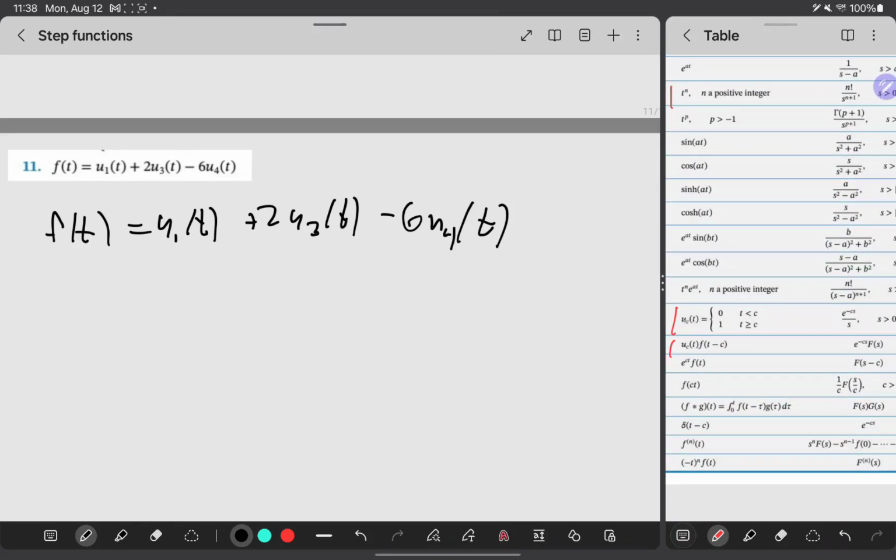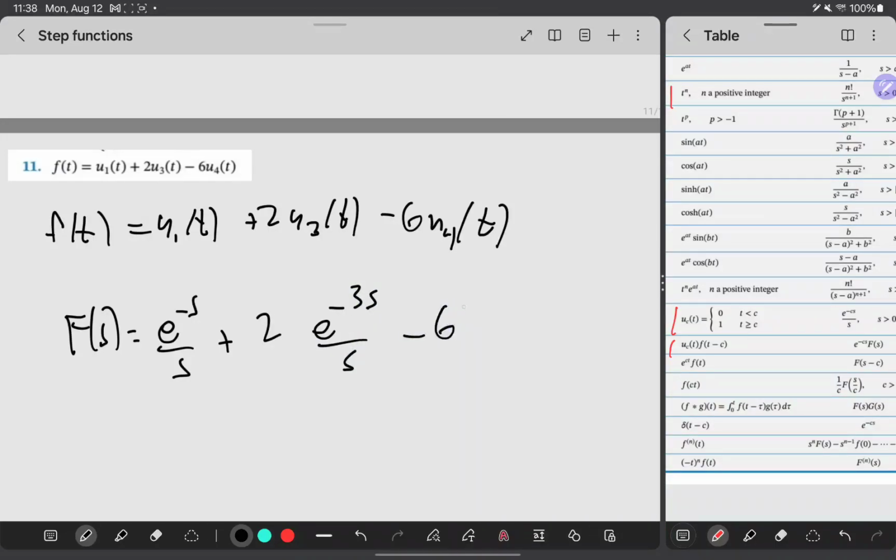We're just looking at that u of c of t one over here. So if we do that, this one's easy. We're just going to have F of s equal to e to the minus s over s, since c in this case is 1, plus 2 e to the minus 3s over s minus 6 e to the negative 4s over s.